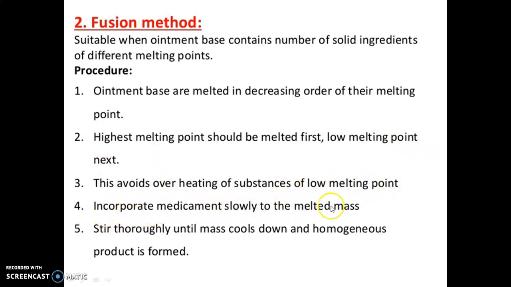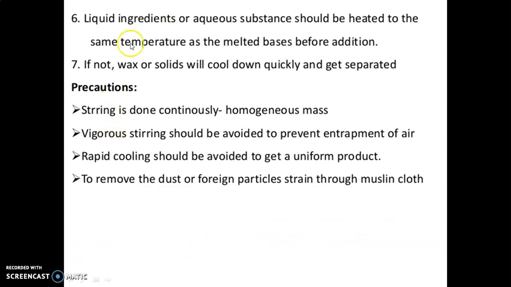Incorporate the medicament slowly to the melted mass. Stir thoroughly until the mass cools down and homogeneous product is formed. Then liquid ingredients or aqueous substance should be heated to the same temperature as the melted bases before addition. If not, wax or solids will cool down quickly and get separated.